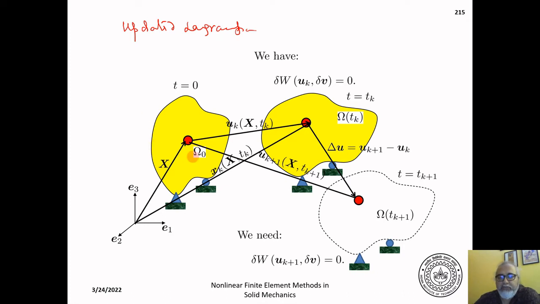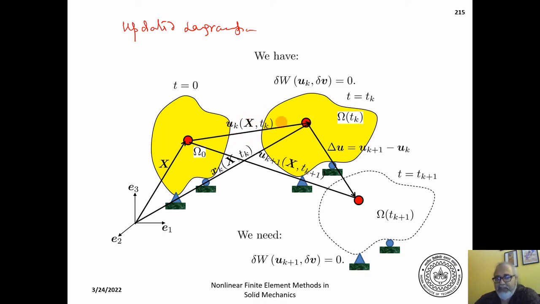This is our initial configuration omega 0, at time t equal to 0, and this is our last converged configuration, omega tk, at time t equal to tk. Last converged means that for every point in this configuration, we know the displacements, which we call uk, and xk gives the position vectors of each and every point.